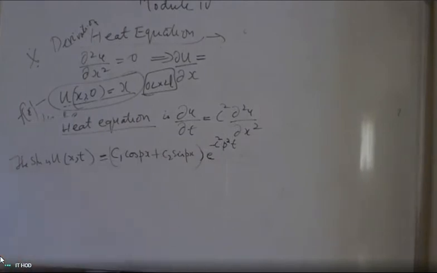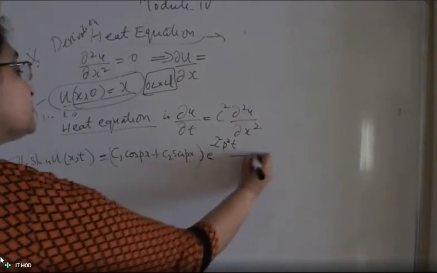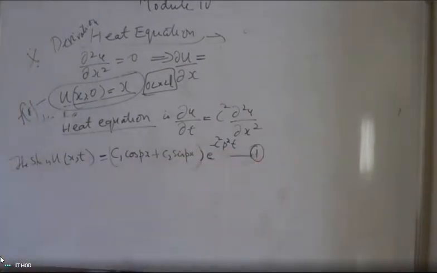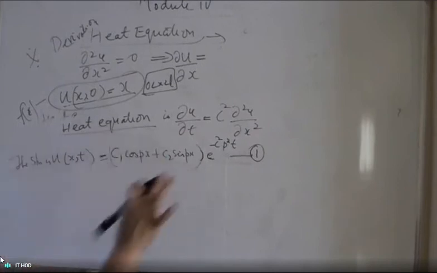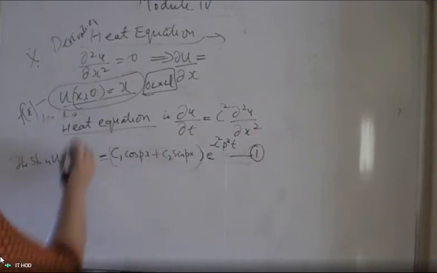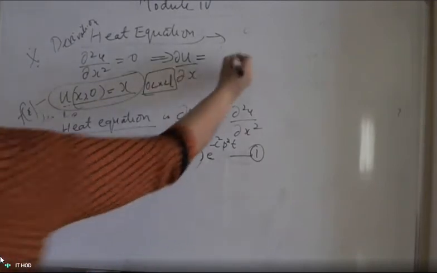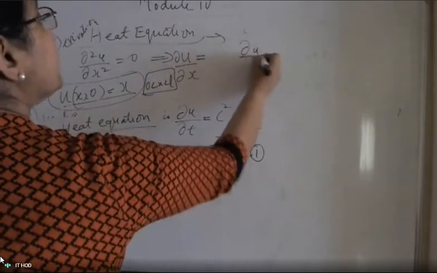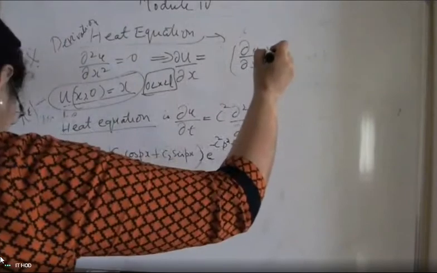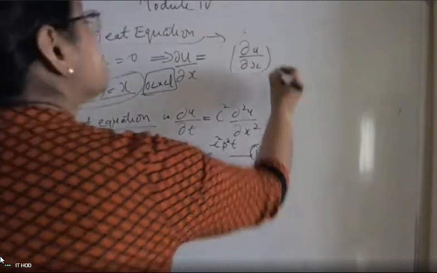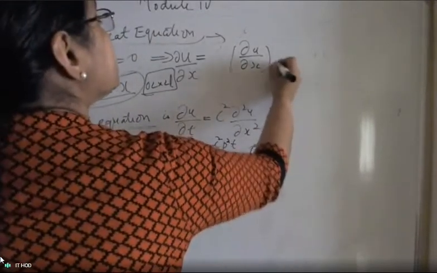Okay, now we are going to use each condition. Put this as the first equation. Our aim is to find the values of C1, C2 and so on. Which conditions do we have here? Dou U by dou x at (0, t) is equal to 0.